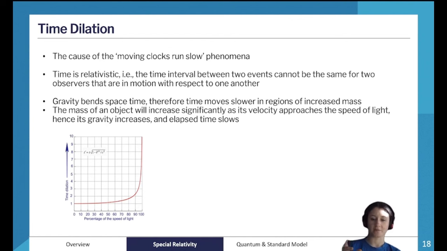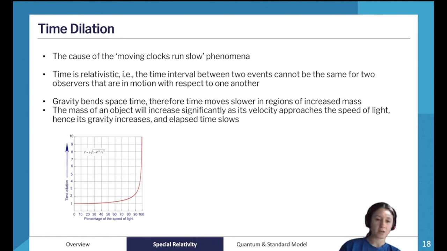Because if two observers are seeing those particles go at pretty much the same speed, something needs to happen to make up for that. So it only makes sense that the particles need more time in their perspective to move, and the distance that they have to travel also has to get shorter in their perspective.